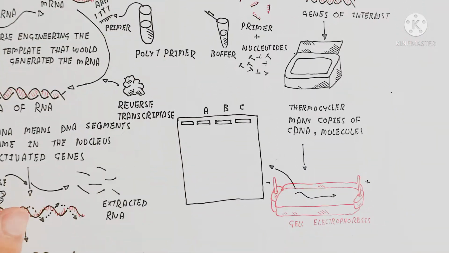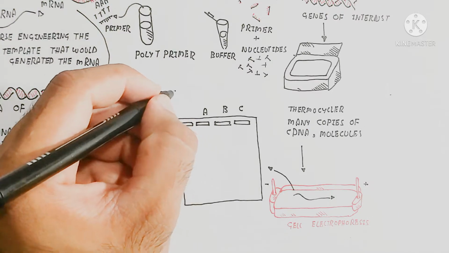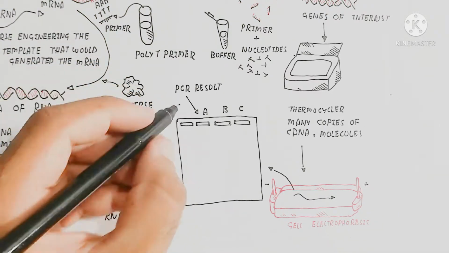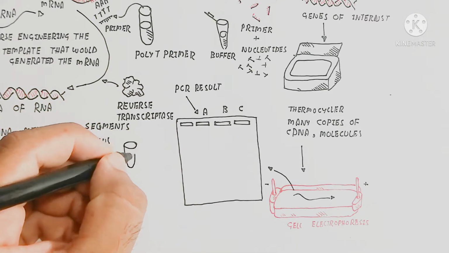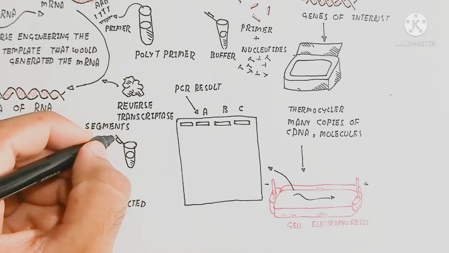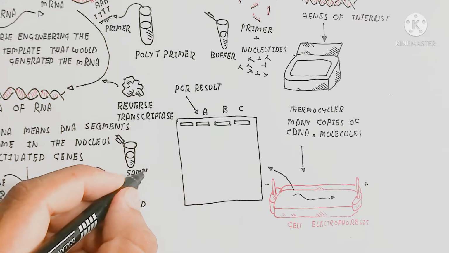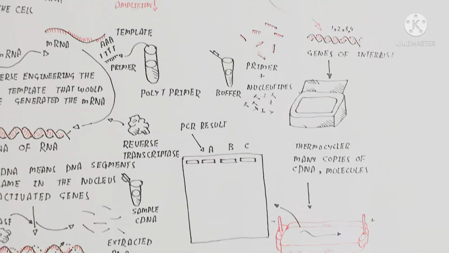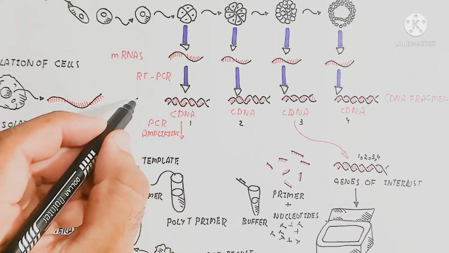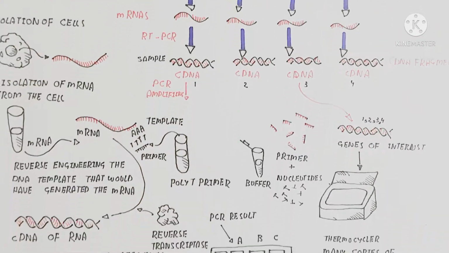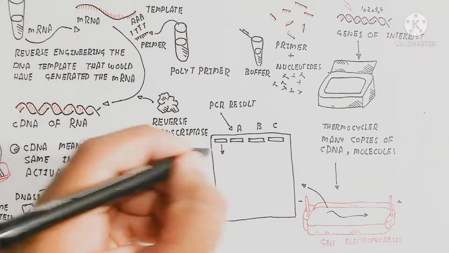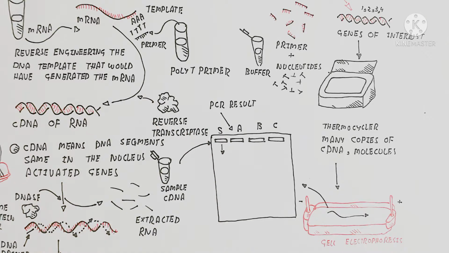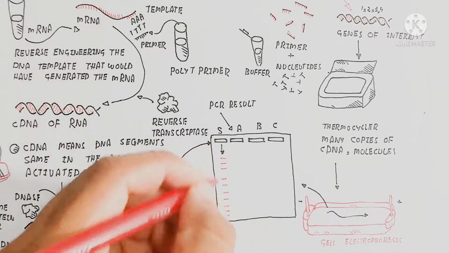The sample is put in the first well, while A, B, C, D, E, F, the results of the PCR, are put in other wells. After this, we give electricity to migrate the DNA from the negative charge to the positive charge, cathode to anode. Sorry. So the segments will be separated on the basis of their density and size.